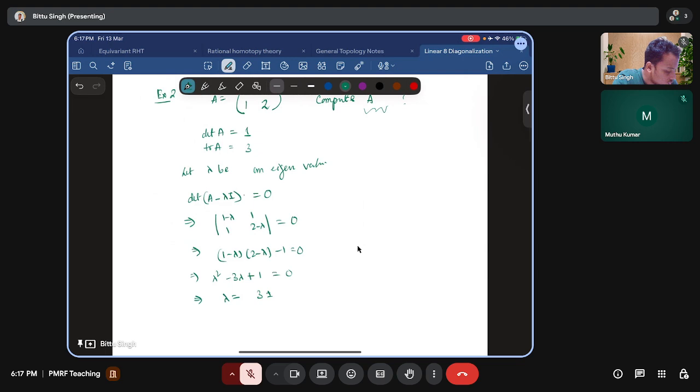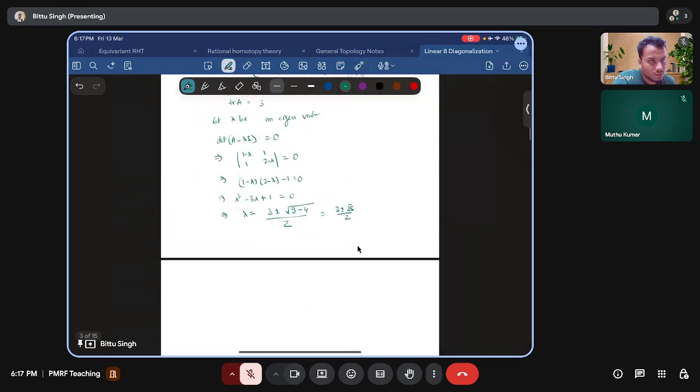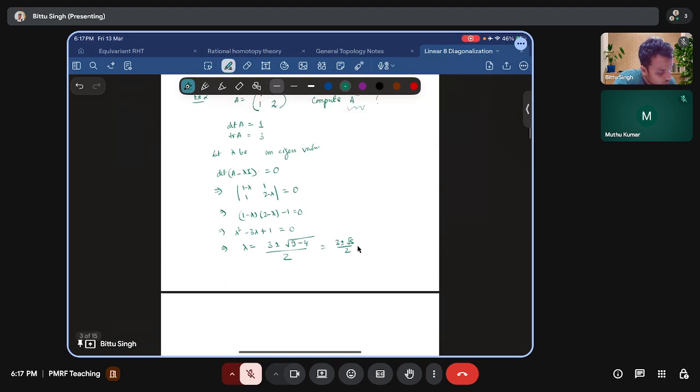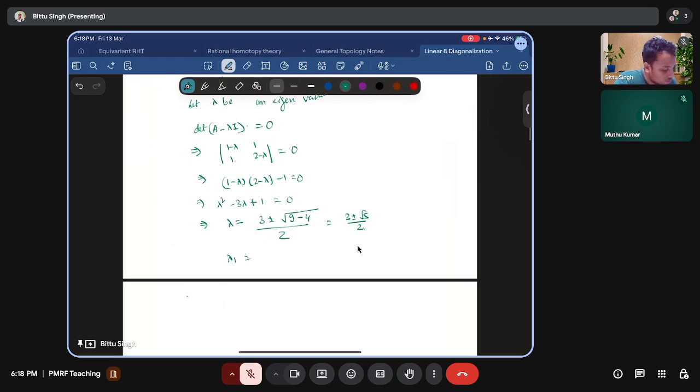So lambda is (3 plus minus root of (3 square minus 4ac)) by 2, so (3 plus minus root 5) by 2. Let us try to find eigenvectors corresponding to lambda 1 and lambda 2. Let lambda 1 be (3 plus root 5) by 2 and lambda 2 be (3 minus root 5) by 2.